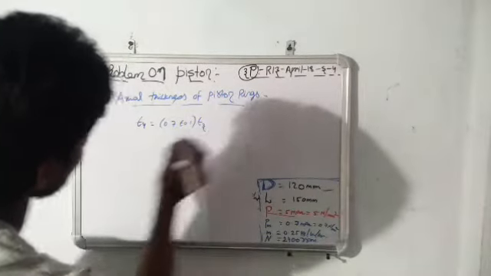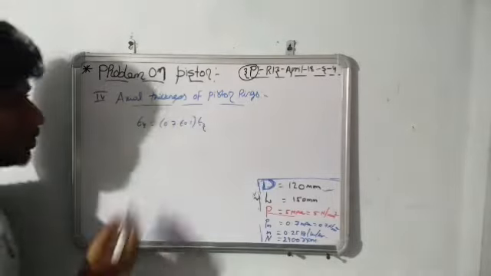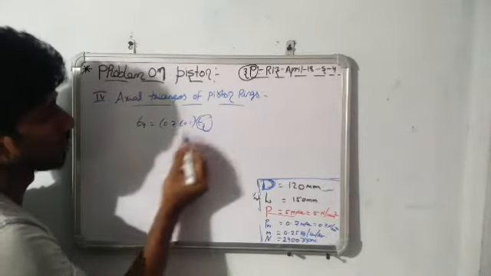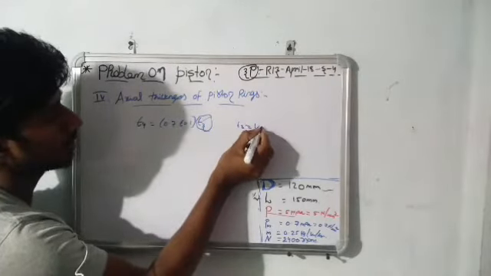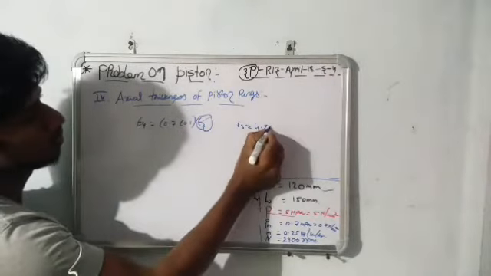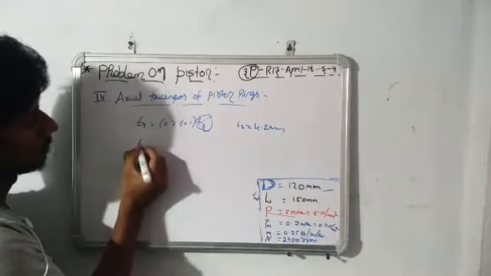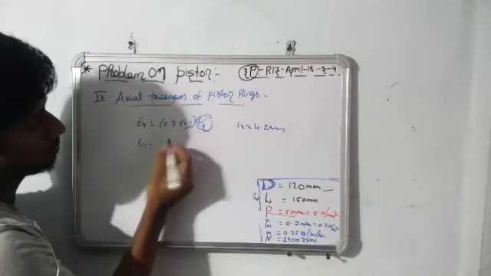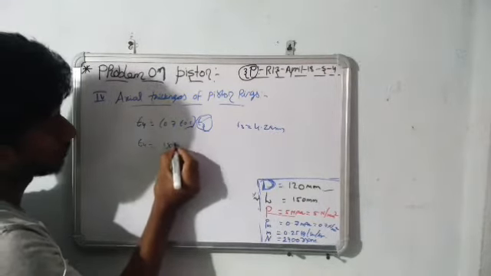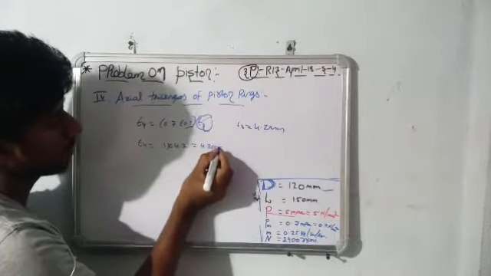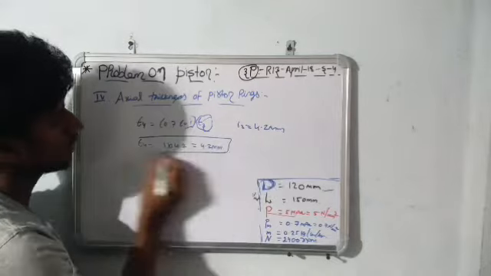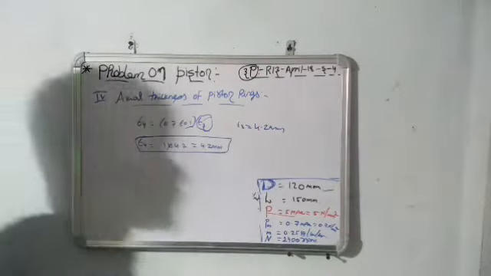This is the T3. By substituting the T3 value, we get T4. Here T3 we already derived in the last step, 4.2 mm. So for T4 I am considering the maximum value, 1 into 4.2, that is equal to 4.2 mm. This is about the T4.